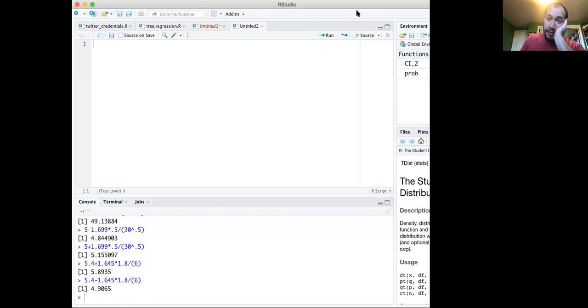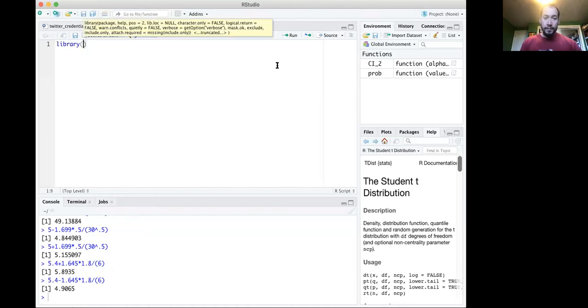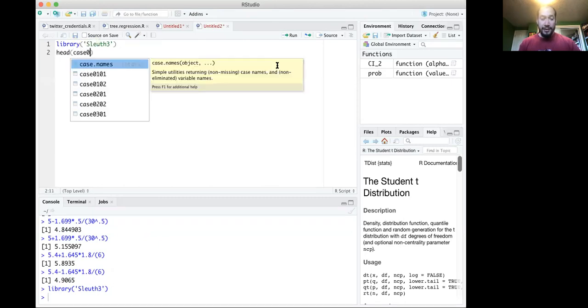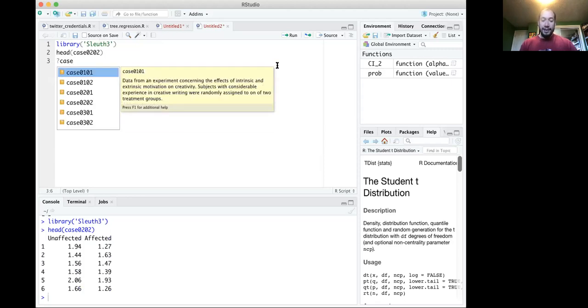So here's a data set that lives in your library, Sleuth 3. The data set that we're interested in is case 0202. You're probably wondering, what is this data set about?